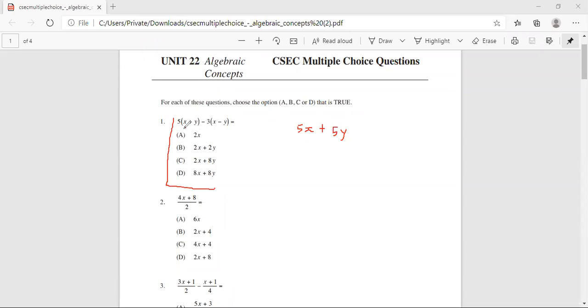So when you expand this bracket, this is what we end up with, right? Agree? Yes, sir. Then we have to do the same thing over here. What we need to multiply for this side? 3 times 1. What we need to do?